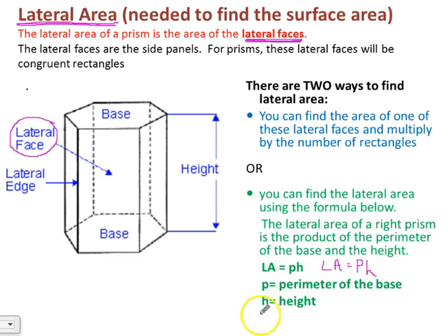So again, it's really important that we know what the variables represent in our formulas. So two different ways. One way is just to find the area of each lateral face and then add those all up, or use this formula where lateral area equals the perimeter of the base, so we actually use the base, and then we multiply times the height of the prism.